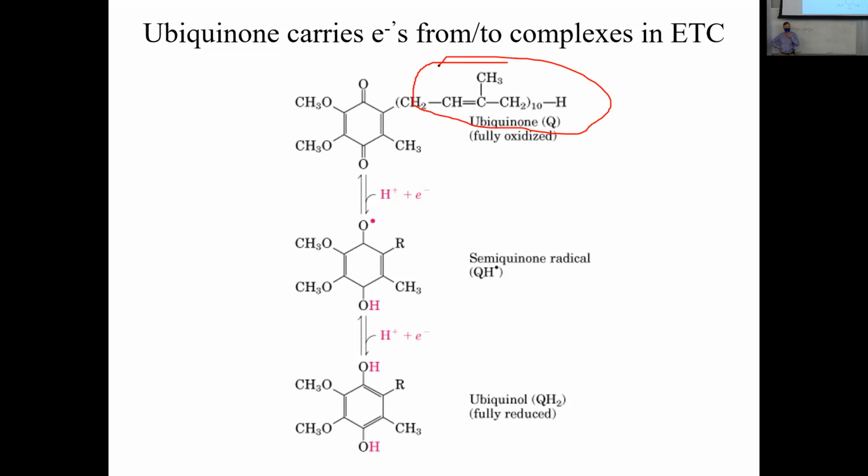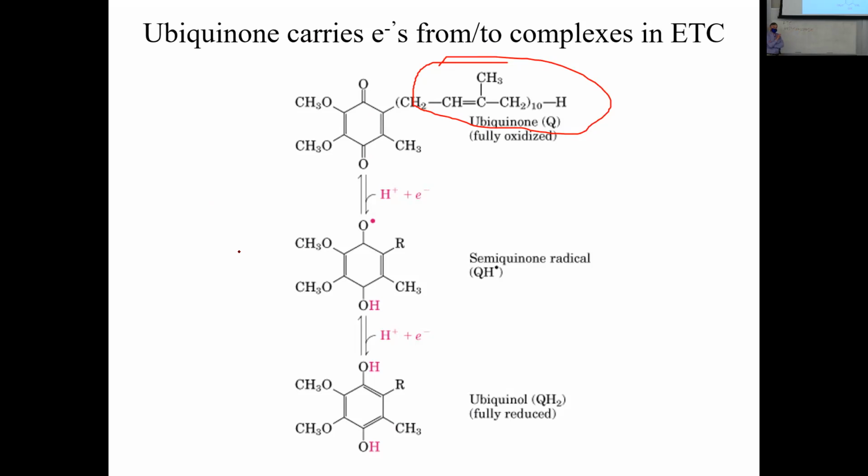So this ubiquinone is an electron shuttle. And it moves between complex 1 and complex 2 to complex 3. So it collects electrons, then moves them to complex 3. It's able to handle 2 electrons, and because of its aromatic nature, the semiquinone, the free radical form of this, is somewhat stable.